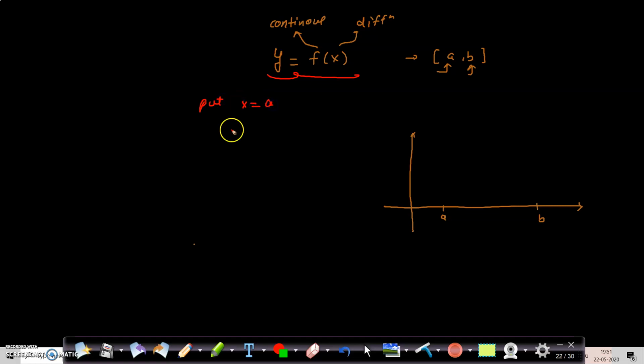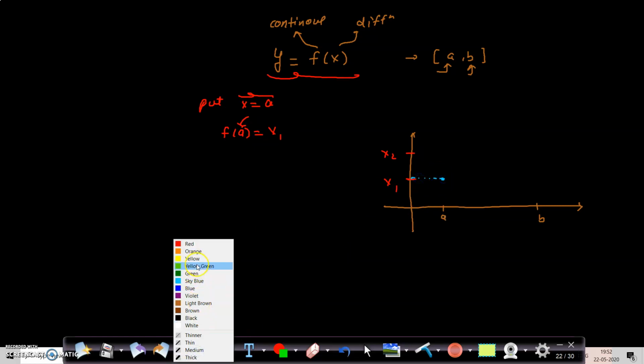Put x equal to A. Suppose after putting A, you got f of A. Just try to understand, this is f of A. Suppose this is a value on the y-axis. So if you put x equal to A, suppose you got x1. Okay, that is clear.